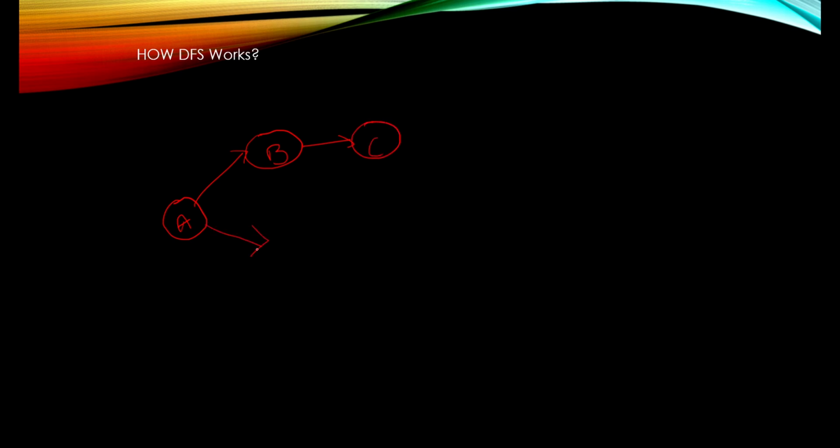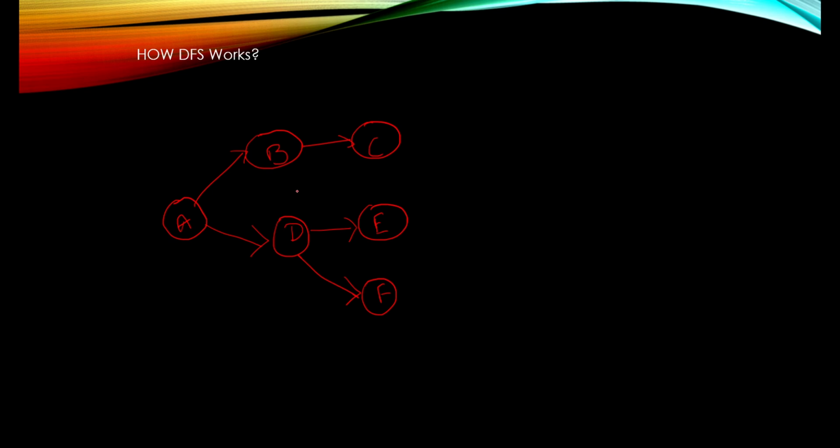Then we have something like here D, let's say there is E and F. So if I have to do DFS, what I need to do is we'll use a stack data structure here, similar to how in case of BFS we used a queue because we wanted to process layer by layer, so it was always first in first out.